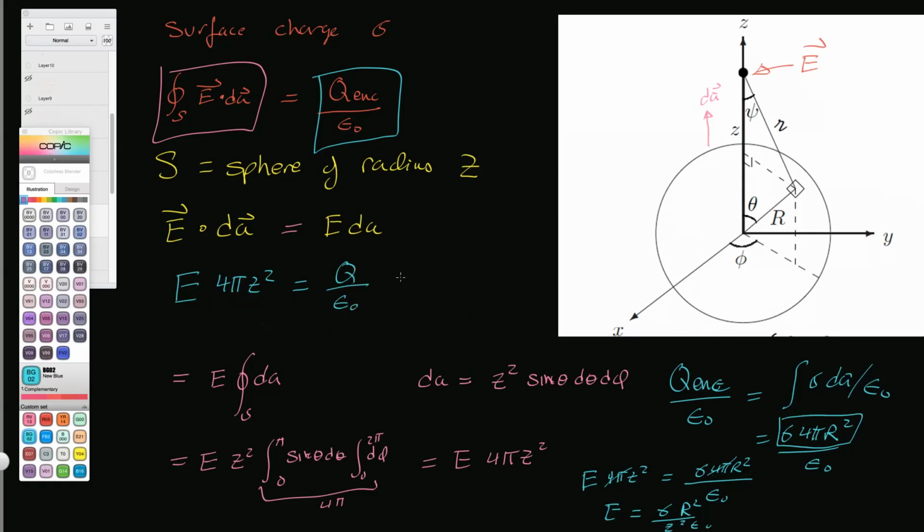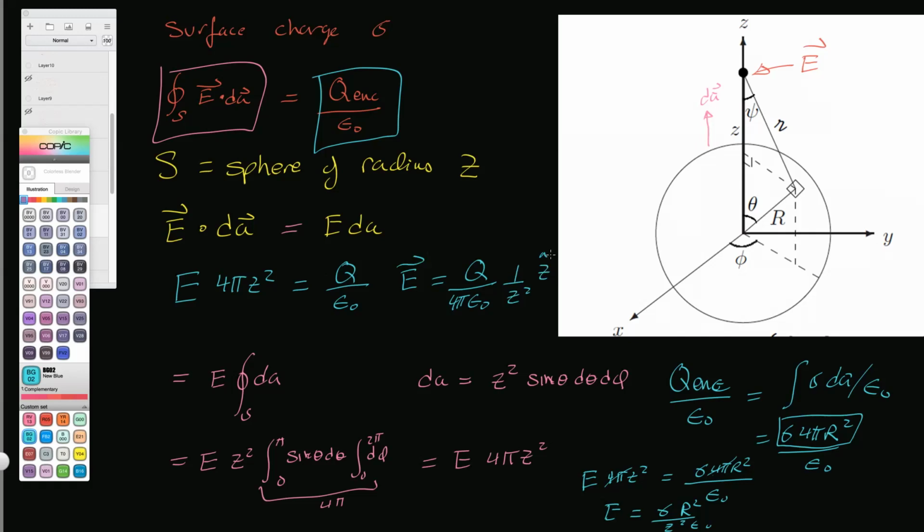So the magnitude of E is Q over 4 pi epsilon naught times 1 over Z squared, just like we had before with the other method. It's exactly the same outside of the sphere. And if we want to put a vector on it, we know already that it's in the Z hat direction.